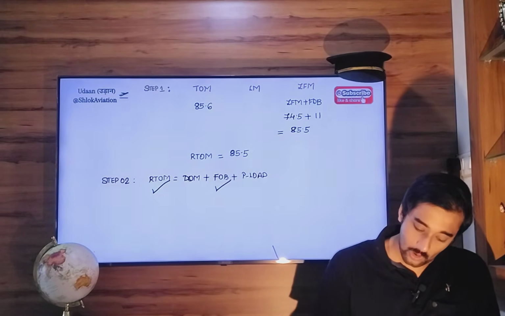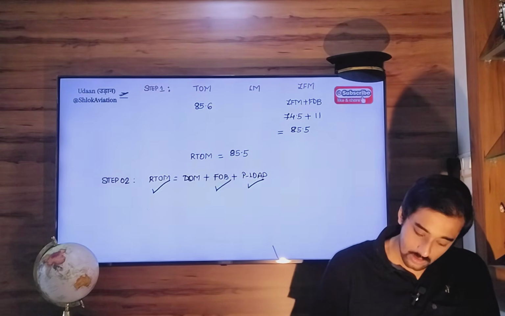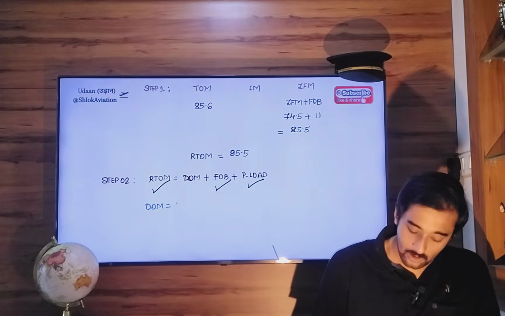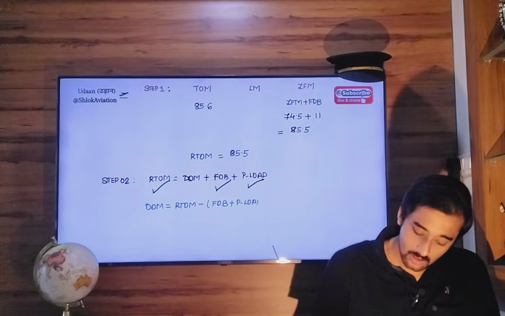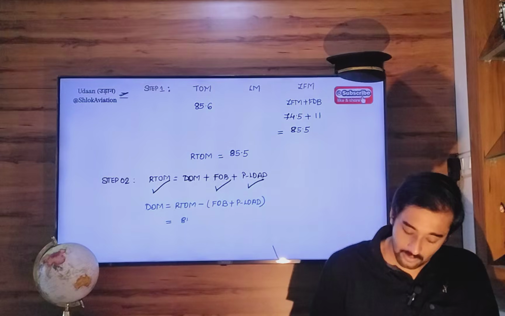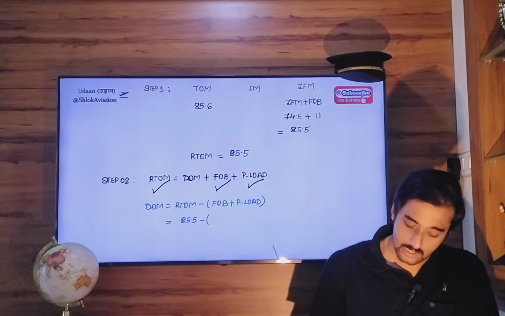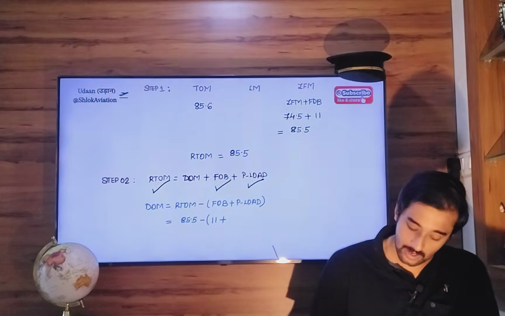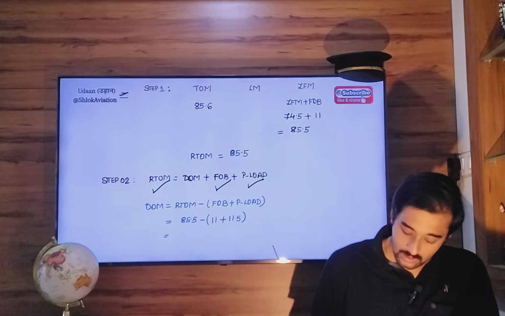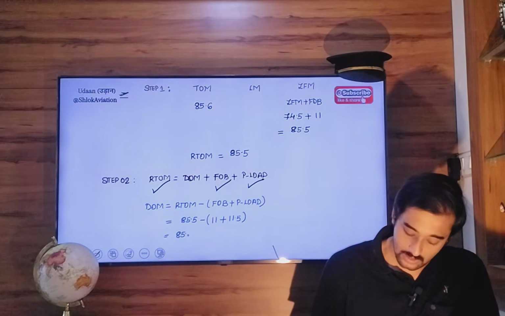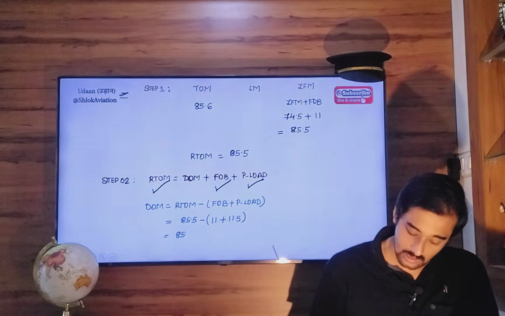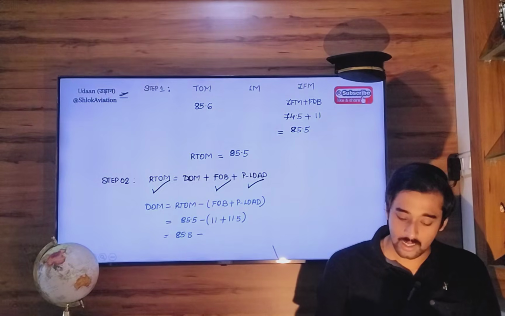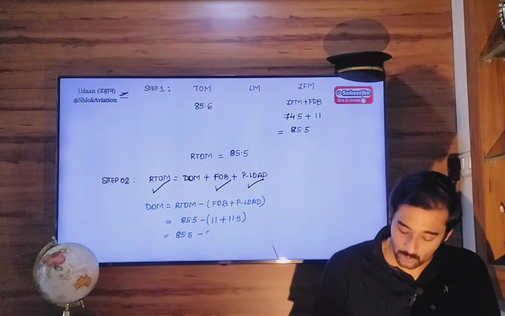Okay, so now we have all the values. DOM will be equal to regulated takeoff mass minus fuel on board plus payload. 85.5 minus 11 plus 11.5. 11 plus 11.5 is 22.5.